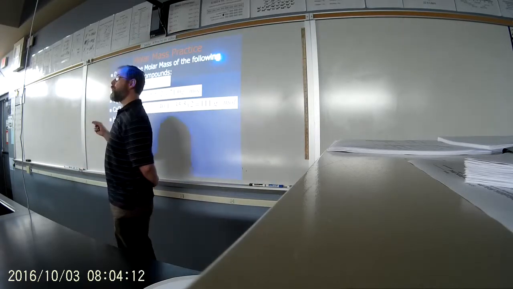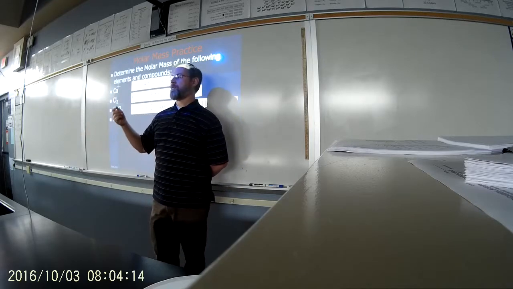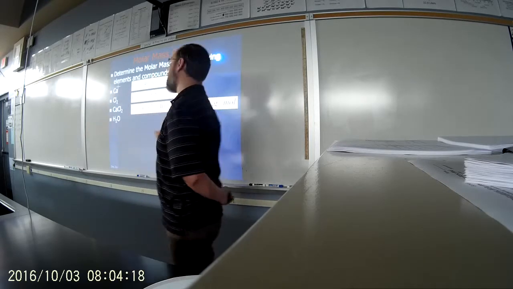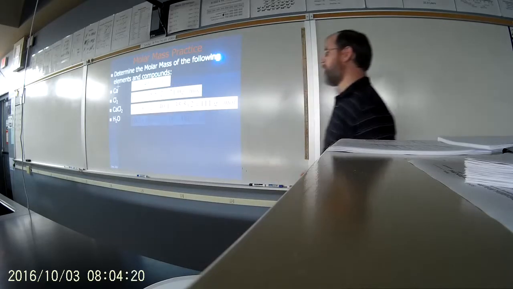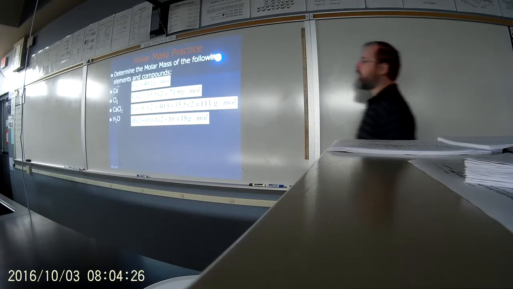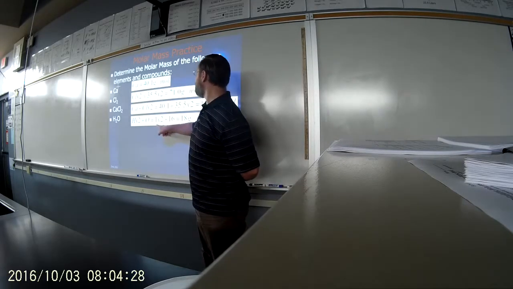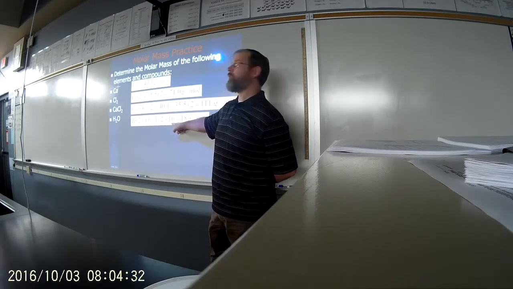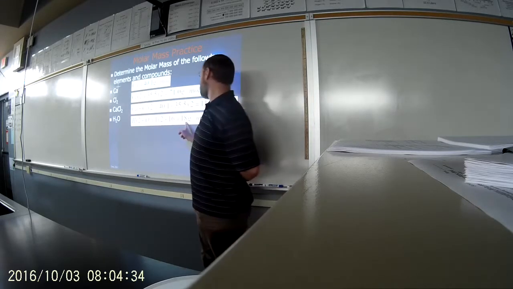So H2O is how many H's? 2. How many O's? 1. For a grand total mass of what? 18. Yeah. You get 1 times 2 for the hydrogen and 16 for the oxygen, for a grand total of about 18.